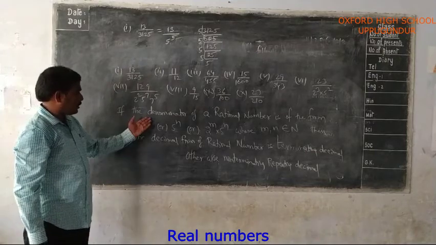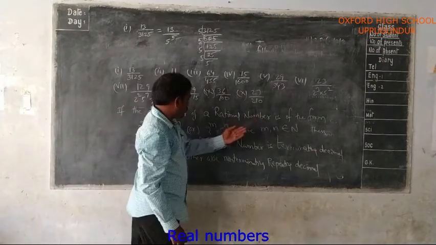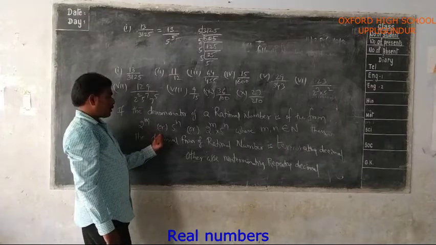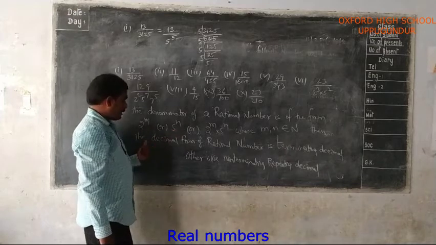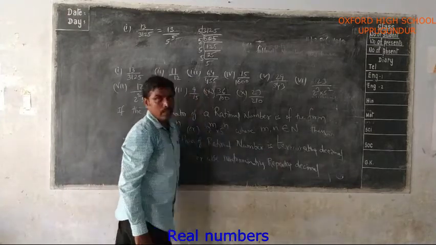What is the condition here? If the denominator of a rational number is in the form of only 2 powers or only 5 powers, then the decimal form of the rational number is a terminating decimal.